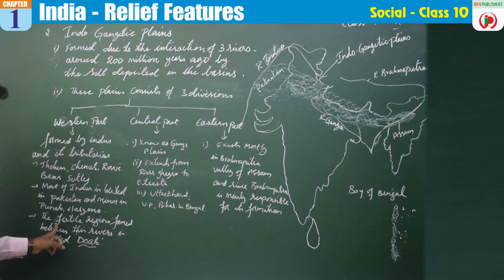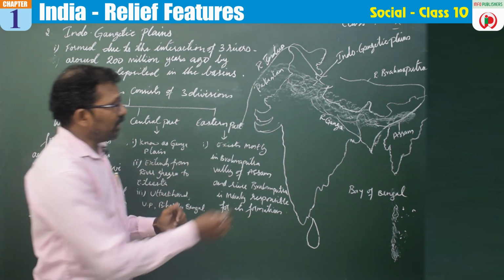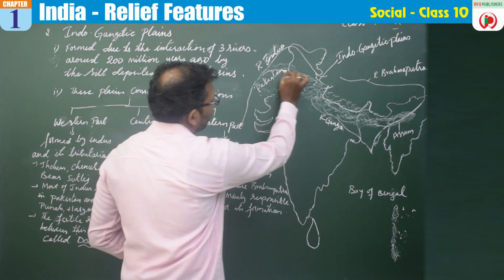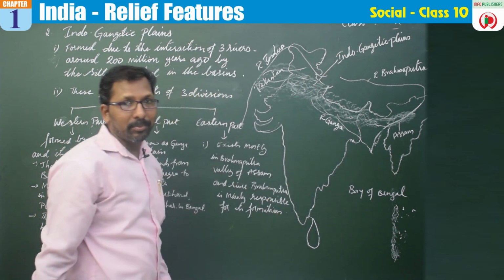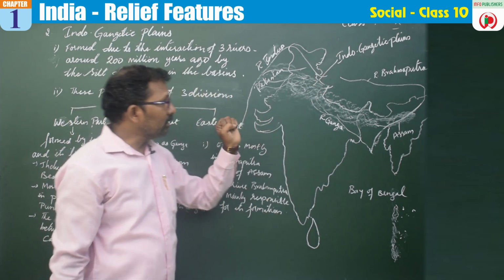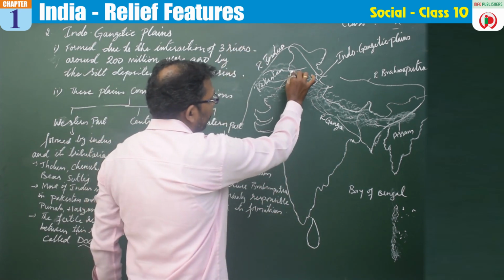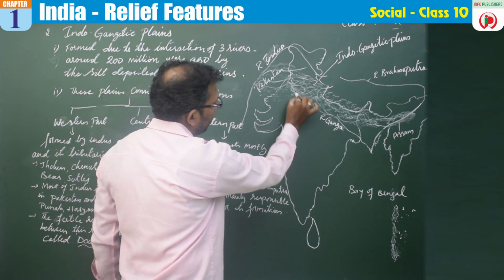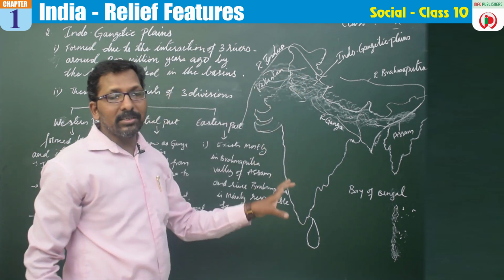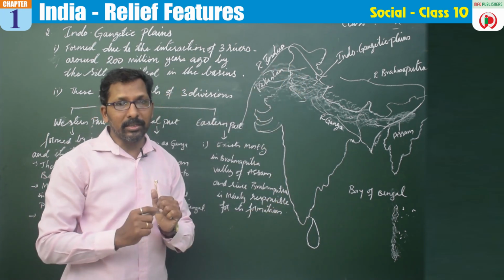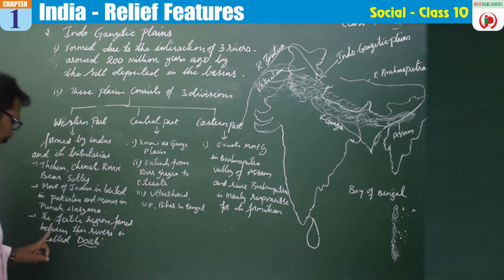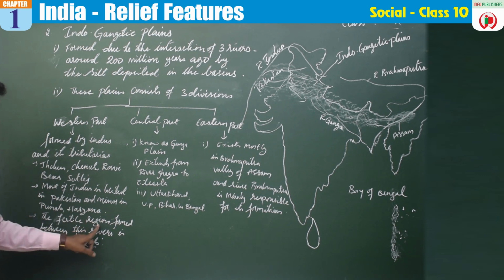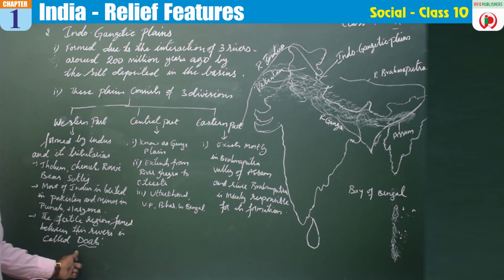And the last point here, the fertile region. We see there are so many tributaries of river Indus: Jhelum, Chenab, Ravi, Beas. And between these rivers, a fertile region is present, and that fertile region is called Doab.